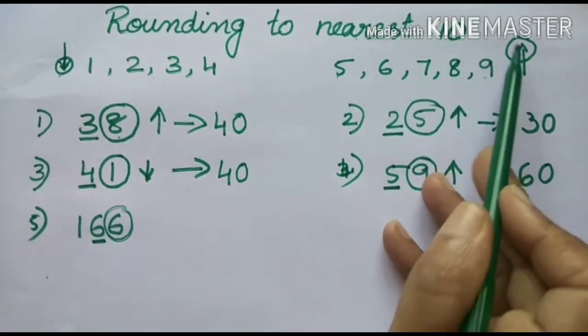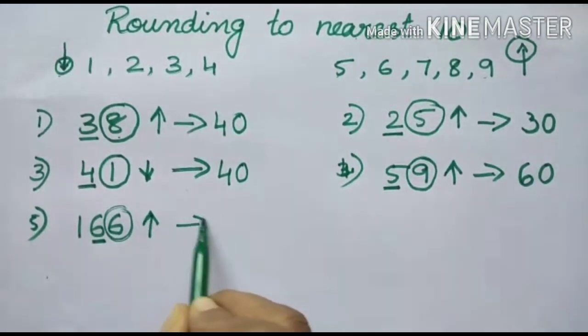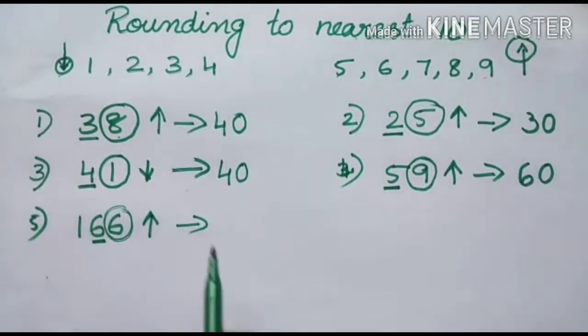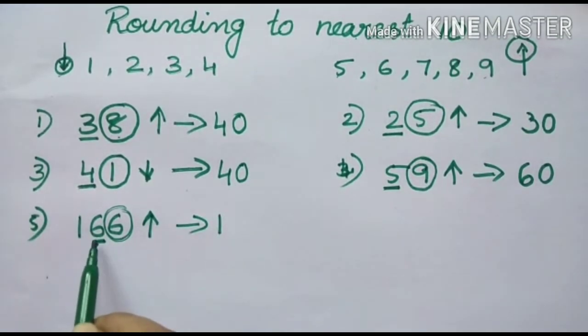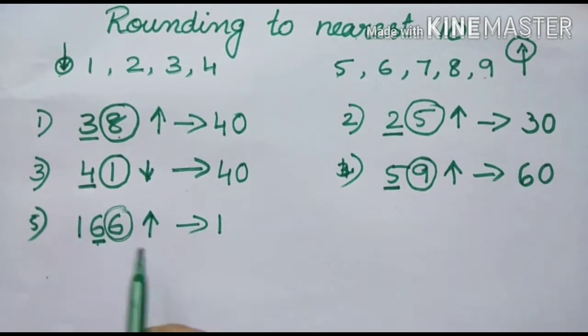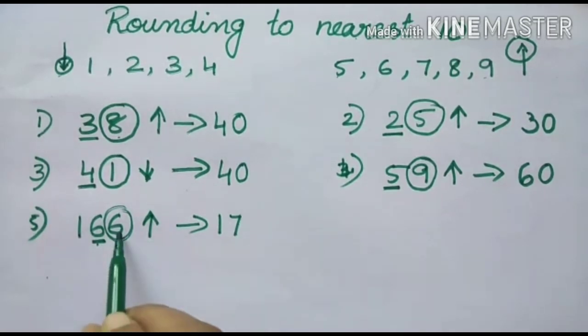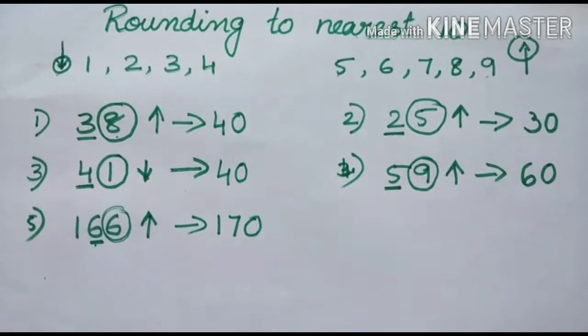We have to round up. So we write the 1 as it is. The number in the tens place, we have to round up. Round up means the next number. Write the next number after 6. It is 7. Then instead of the 6 in the ones place, we write 0.